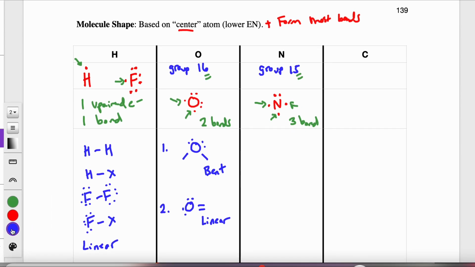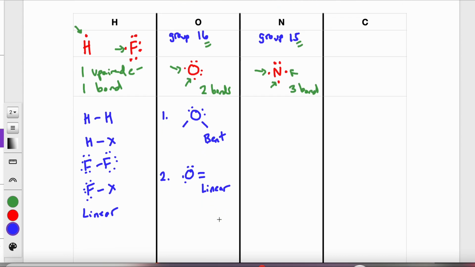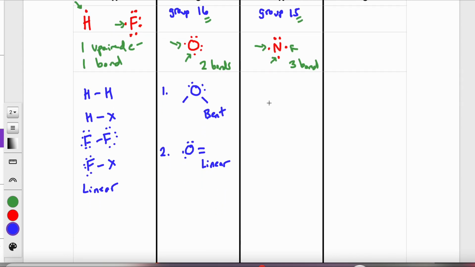So there's a pattern here. Since it has to form 3 bonds, there are 3 different ways this can be achieved. So the first possibility is where the nitrogen forms 3 individual single covalent bonds, and this is what we refer to as pyramidal.